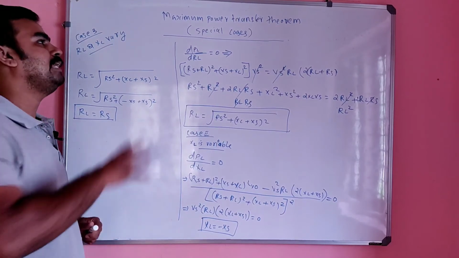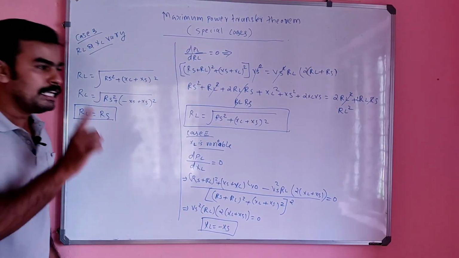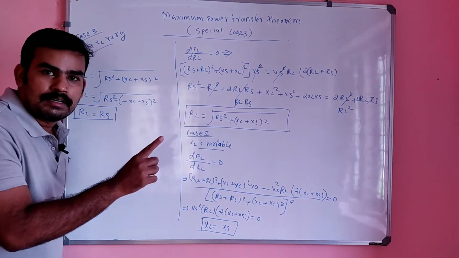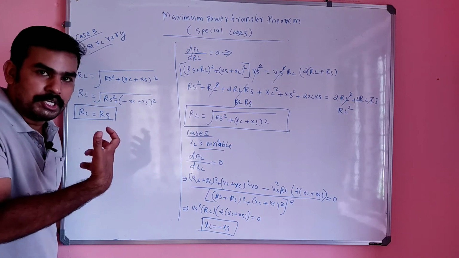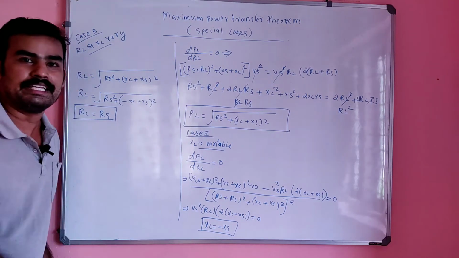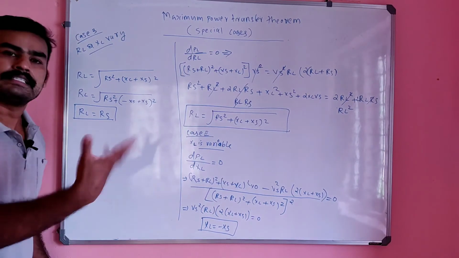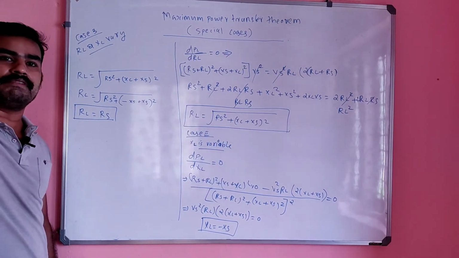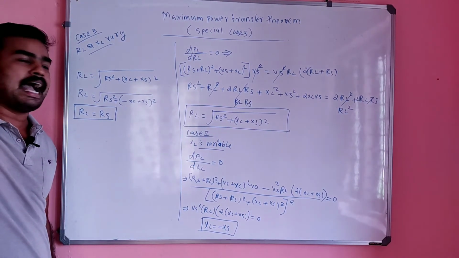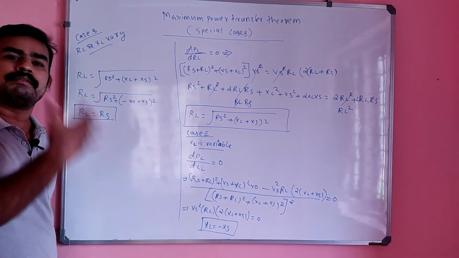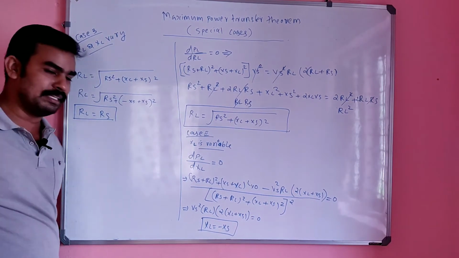So you have to remember these three things. First, when a circuit is given to you, note whether the circuit is AC or DC. First you have to check that. If it is DC, go directly for V square divided by 4 R Thevenin, input will be V square divided by 2 R Thevenin, efficiency will be 50 percent, no doubt in that.